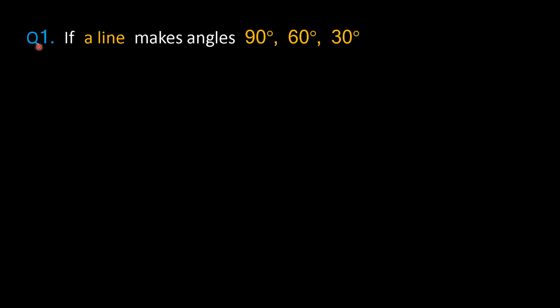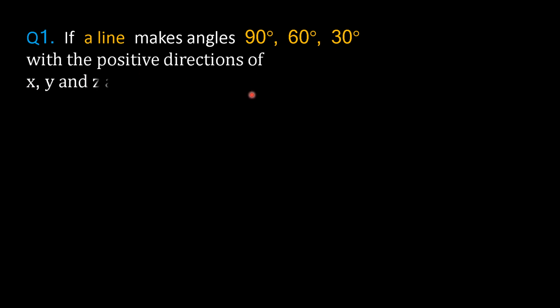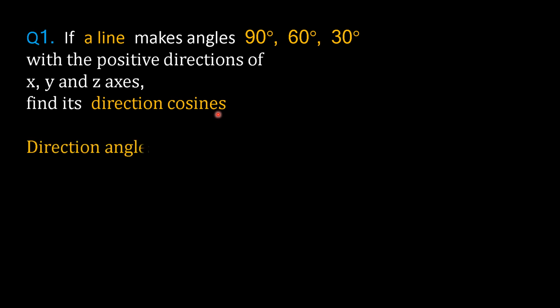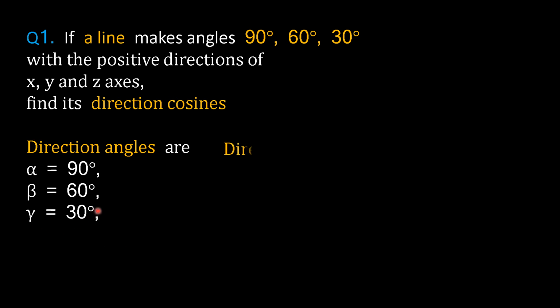In question number 1, if a line makes angles 90 degrees, 60 degrees, 30 degrees with the positive directions of the x, y and z axes, we have to find its direction cosines. The direction angles given are alpha equals 90 degrees, beta equals 60 degrees and gamma equals 30 degrees.